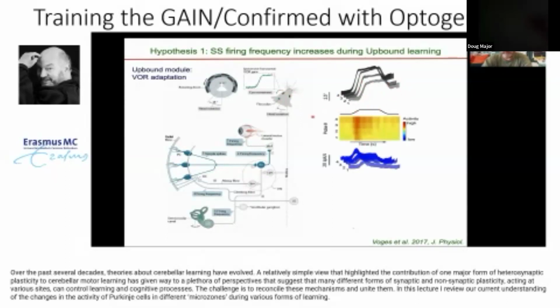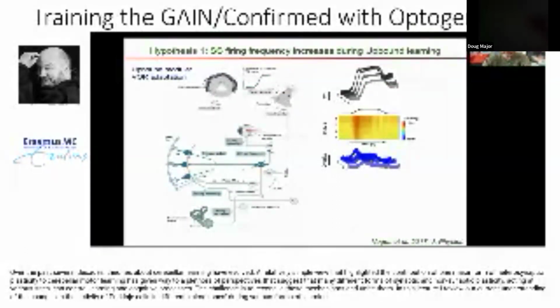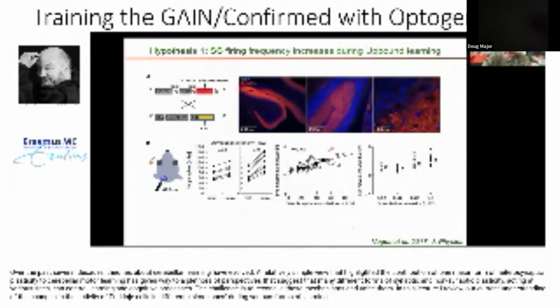But then we used optogenetics to stimulate these Purkinje cells in isolation, as we did in this experiment with Kai Folks. Indeed, dependent on the strength of the stimulus, we could stimulate and increase the simple spike activity accordingly. And then based upon these different stimulus strengths, we could indeed get a different eye movement amplitude in a virtually linear fashion.